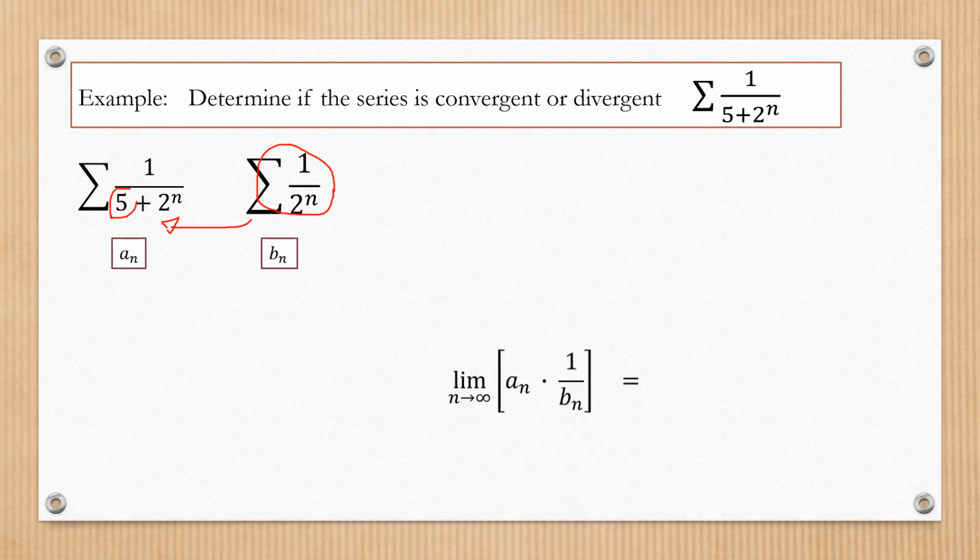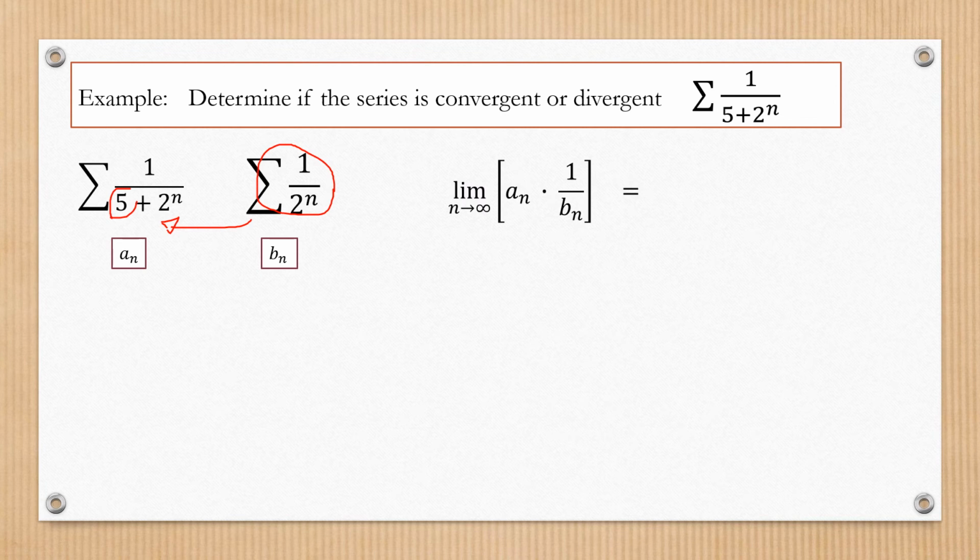Now, instead of writing it as An over Bn, the limit of An over Bn, I separate the An and the 1 over Bn, just to make it clearer when we evaluate it. We're going to substitute An.